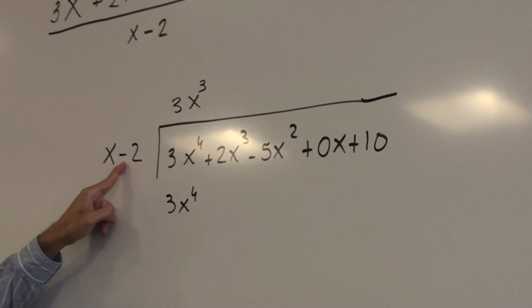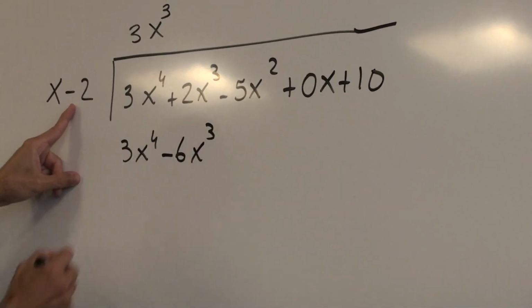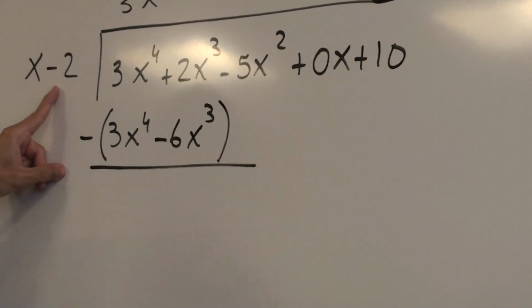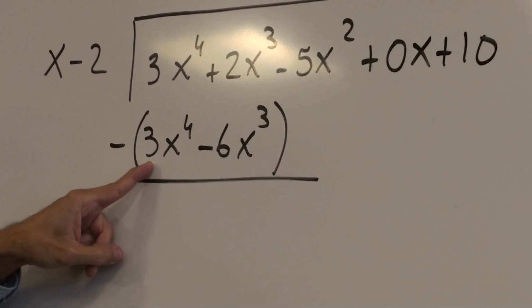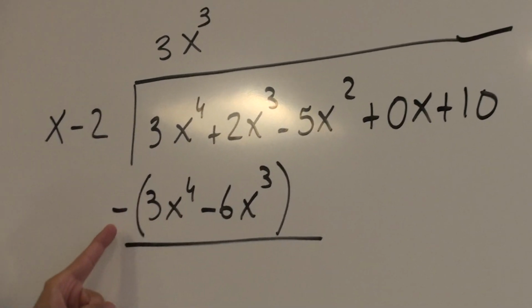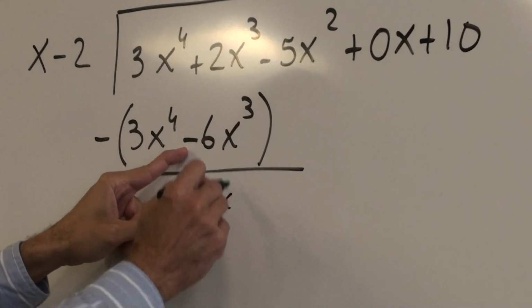Then times negative 2 is going to be negative 6x to the third. And now remember, parentheses, negative sign. Now this term is going to become negative, it's going to cancel. This term is going to become positive, right? I'm distributing the negative here, so I'm going to have 8x cubed.